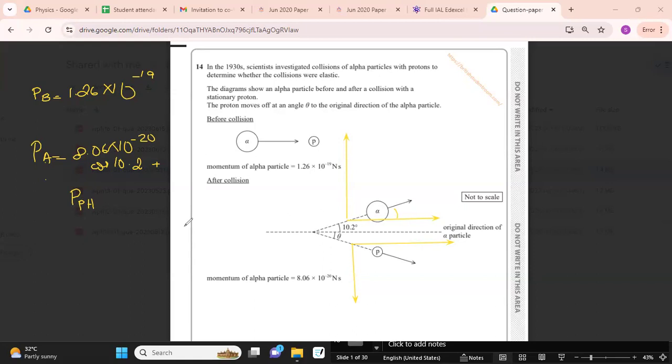Again, we subtract this from 1.26 into 10 raised to the power of negative 19. So the horizontal component of the momentum of the proton is going to come out as 4.67 into 10 raised to the power of negative 20.